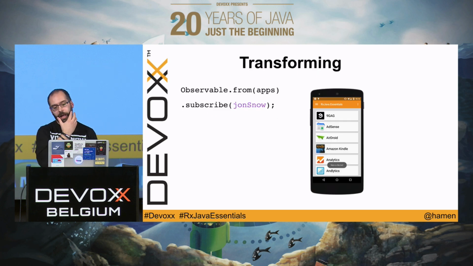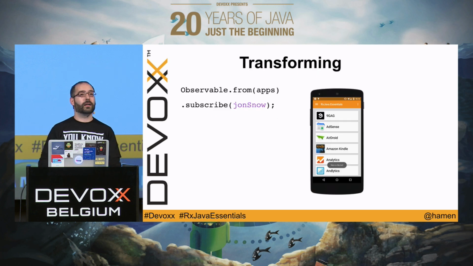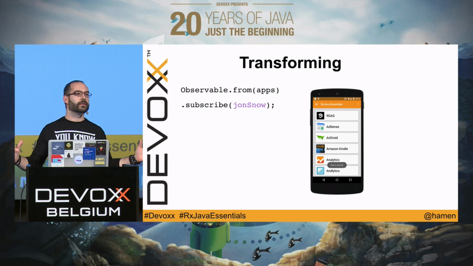Transforming. Our OCD boss has a new requirement. He wants everything to be lowercase. So we want the same apps list, but we want it lowercase.